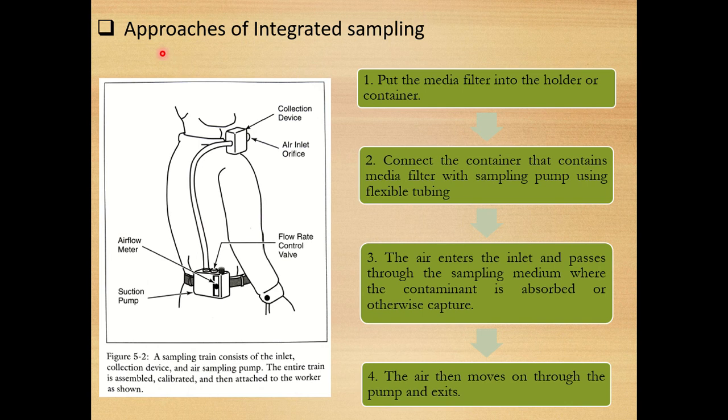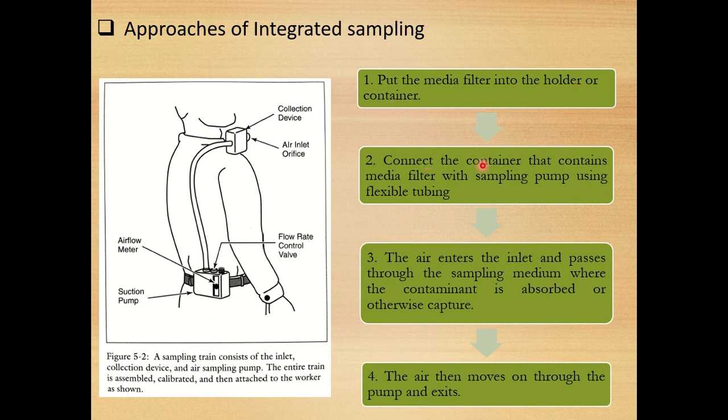Okay, these are the approaches of integrated sampling. Basically, we have this sampling medium inside this container. We have the flexible tubing and we have the pump here, and this is the worker that we want to sample. First of all, put the media filter, which is filter paper or solvent tube, into the holder or container. The commonly used holder is the cassette.